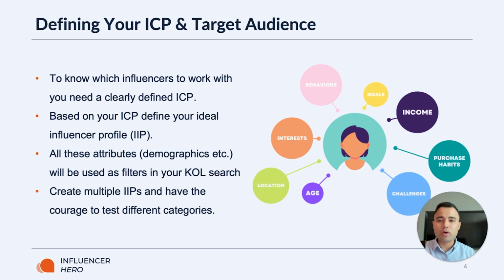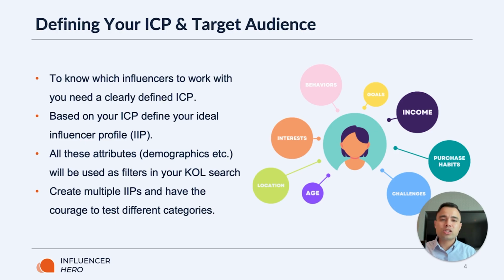And this is actually what this session is all about, defining which influencers you should be working with. And that is based on your ICP. So yeah, after you have defined all those metrics, what's then important is to create multiple IIPs.